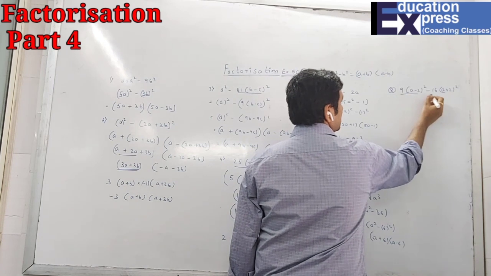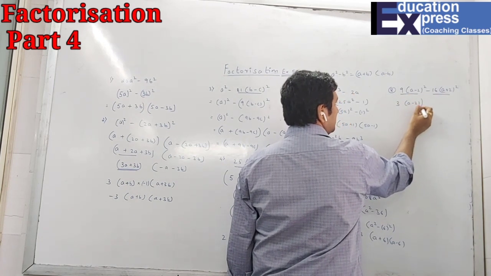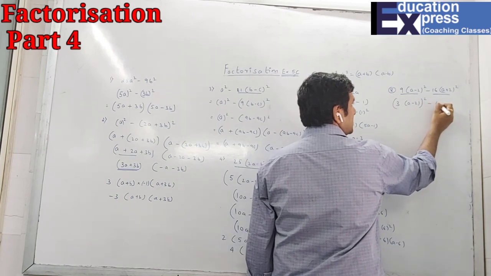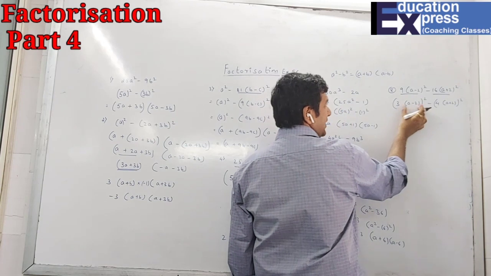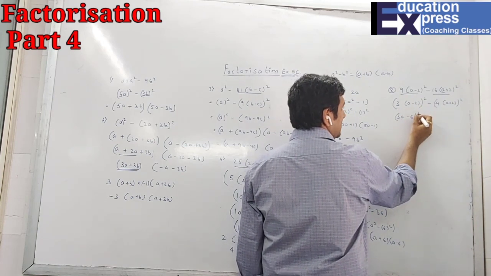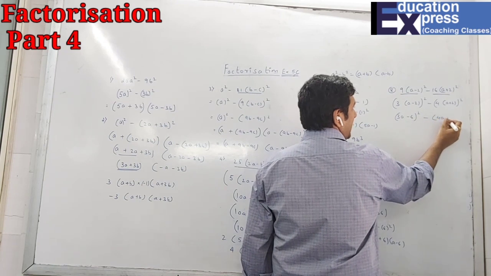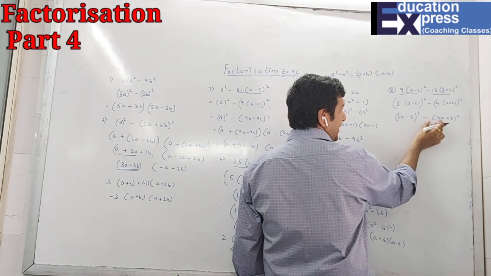So now this is first term, second term. 9 is the square of 3, so 3(a − 2), and this is 4(a + 2). So the whole thing is A, the whole thing is B, that is 3a − 6 and 4a + 8. So now A² minus B².